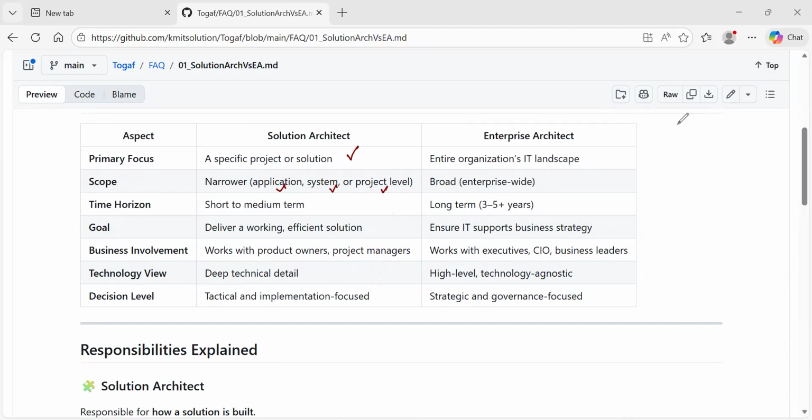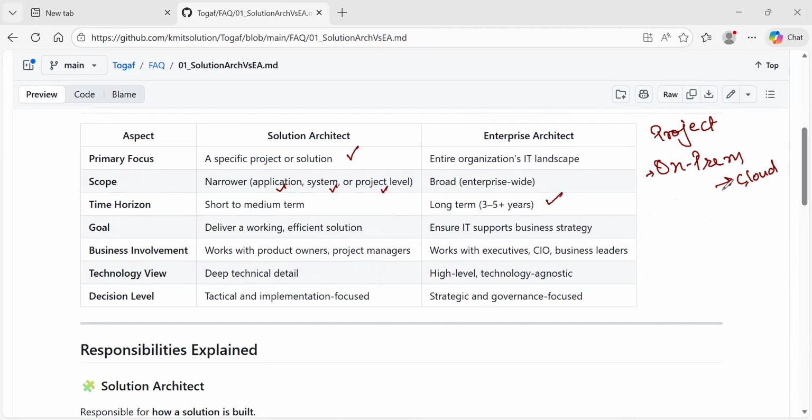So, for example, if you want to migrate a project, right? There is a project, and that project is migrating from an on-prem environment to a cloud-based environment, right? In that case, the end-to-end solution is designed by the enterprise architect. So that's why it's long term, right?